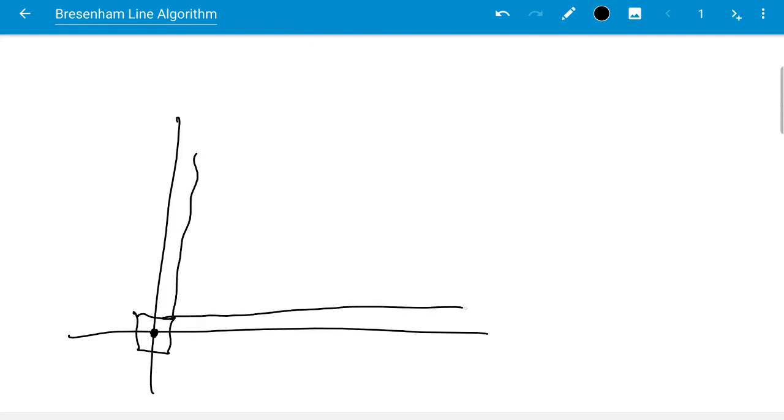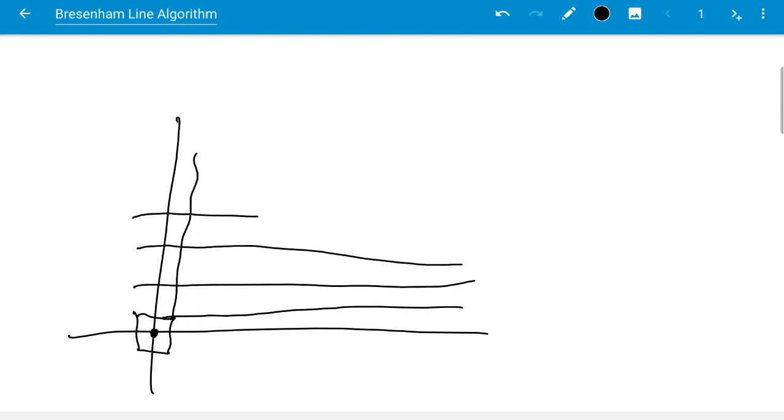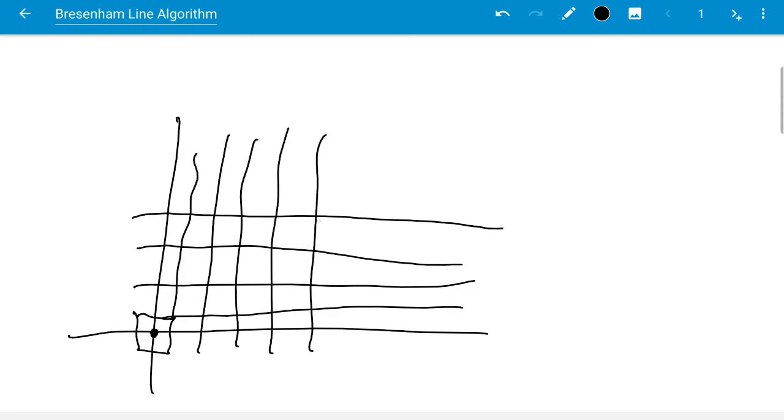And I'm going to draw a wider grid of pixels that are going to have their centers fall on the math coordinates that they're represented by.